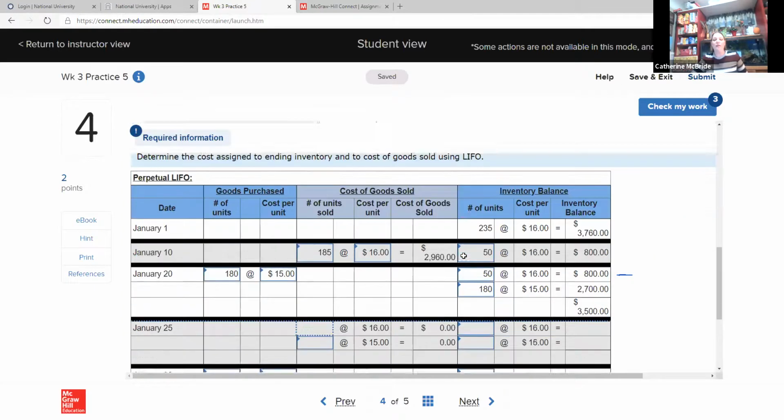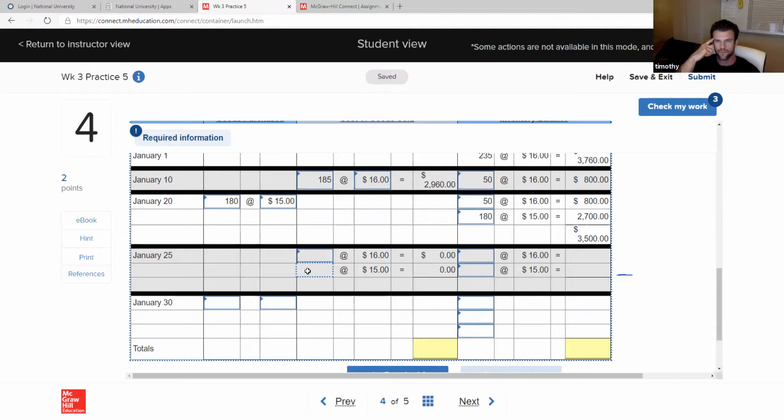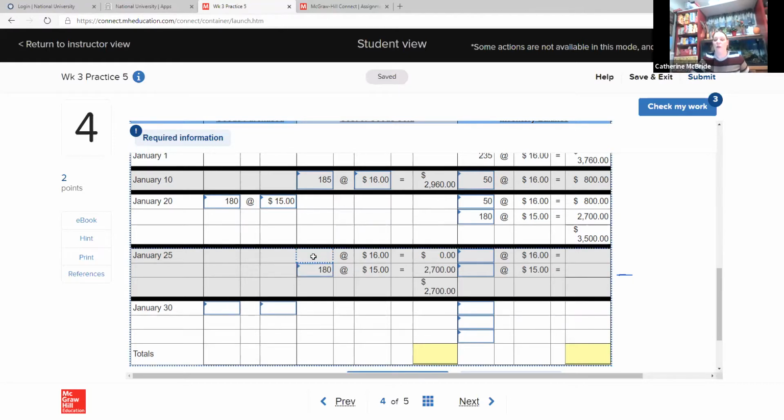Okay, so this time we're going to do last in, first out. So where do I start taking my units this time? The 180. So I need 200, so I'm going to take all of them, and then only 20 from the top layer, which leaves me 30 units on my top layer and none on my bottom layer.